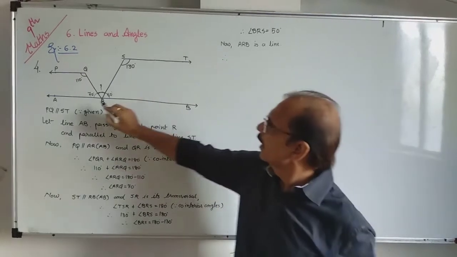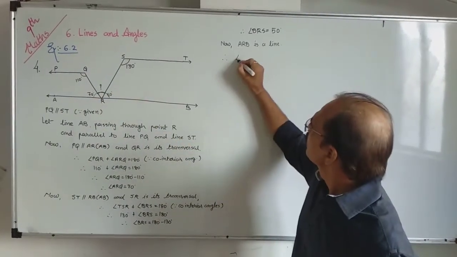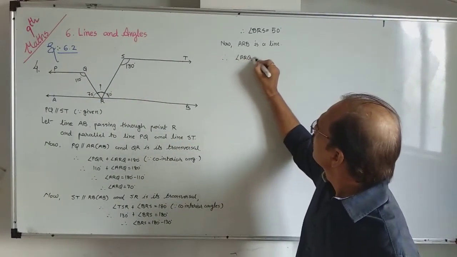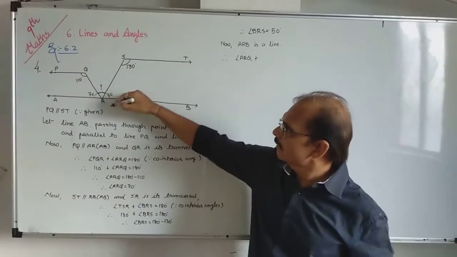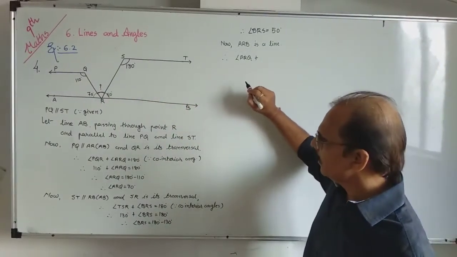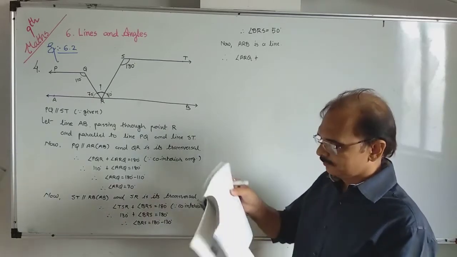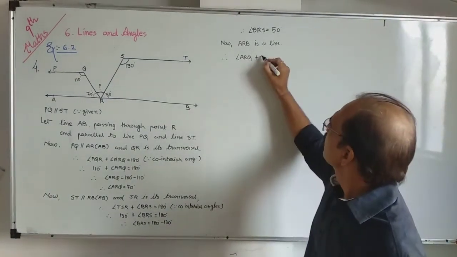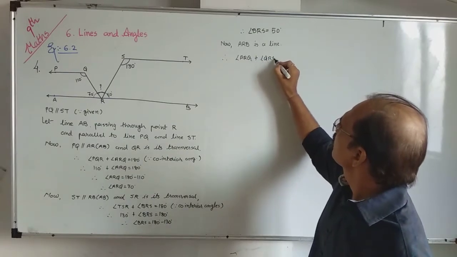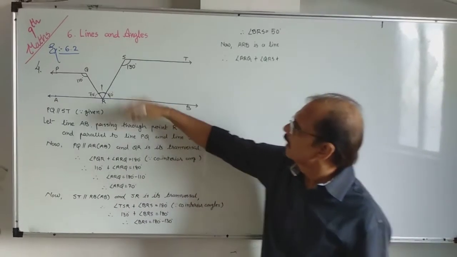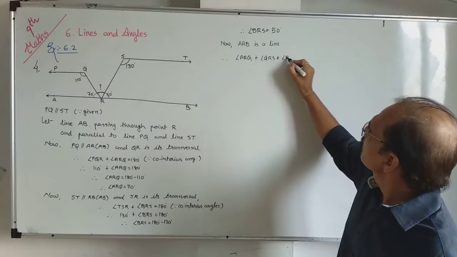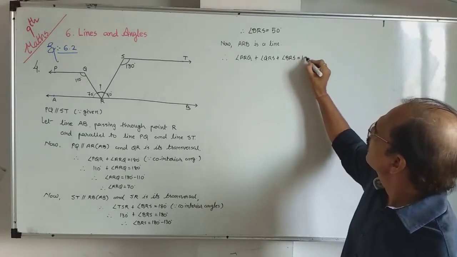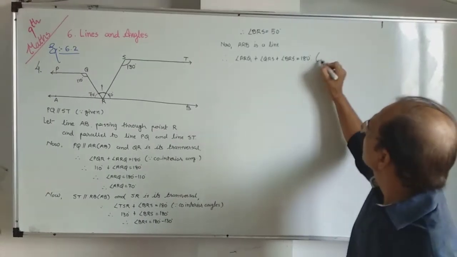Therefore, angle ARQ plus angle QRS that you want to find, plus angle BRS, sum is 180 because of the straight angle.